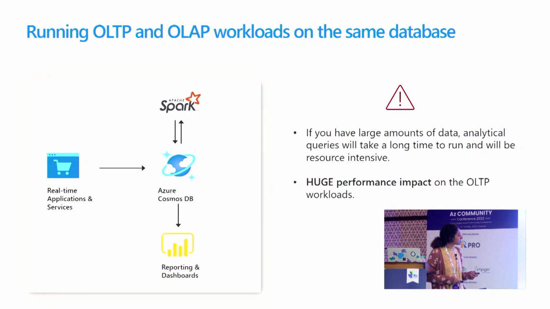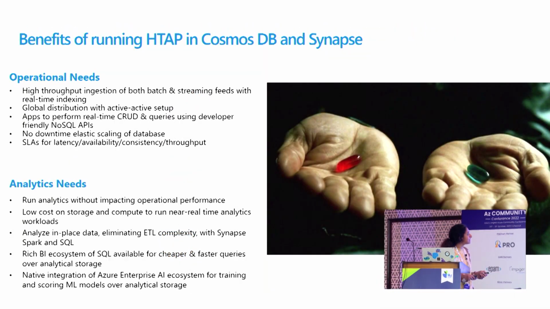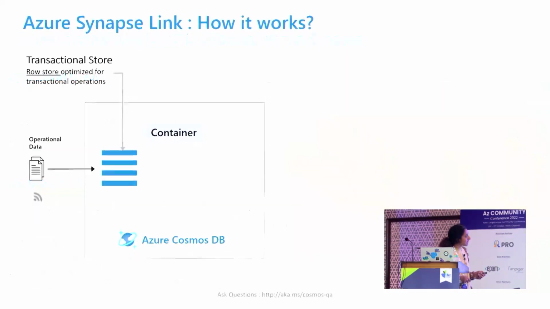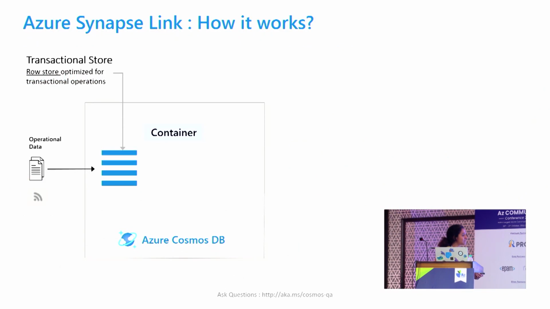Right? I wanted to also talk to you about two things before I close today. One thing is Cosmos DB being able to provide an operational and analytical, transactional analytical processing system, or HTAP system. So how does that work? In Cosmos DB today, we have a row-based system, that's our containers, collections or tables that we spoke about till now.